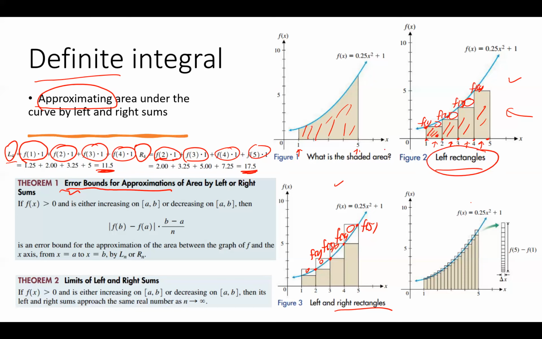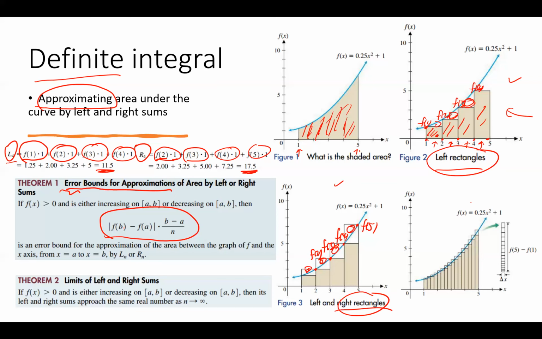Using the left rectangles, we fall short by the empty spaces, and using the right rectangles, we're overcounting using the extra spaces. So if we compare with the true area under the curve, the error can be bounded by this expression.